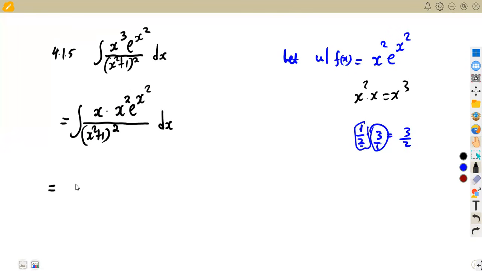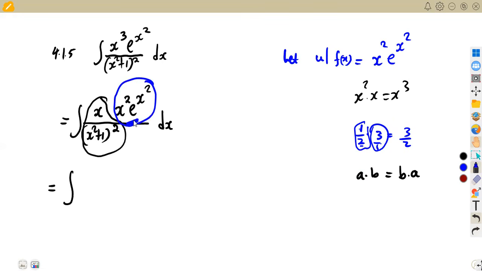We are going to separate this as the integral of 2 terms, this part here and this part. Also, a times b is the same as b times a. So whether I start with this part multiplying this part, or I start with this part multiplying this part, it's still one and the same thing.